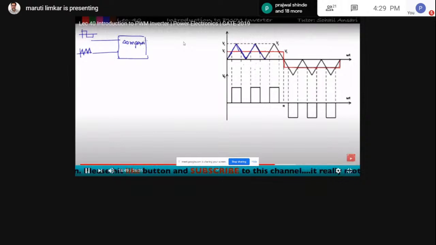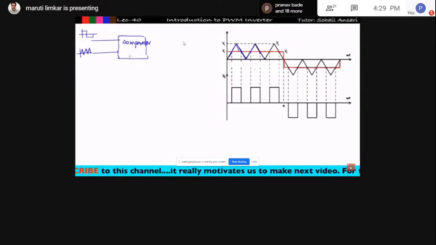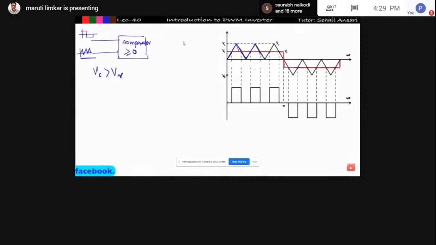What is a comparator? You have studied it in analog electronics. A comparator just compares the values of these two waveforms. If the carrier wave, VC, is greater than the reference wave, the square wave VR, which has instantaneous value VC, then trigger S1 and S2 for the positive half cycle.